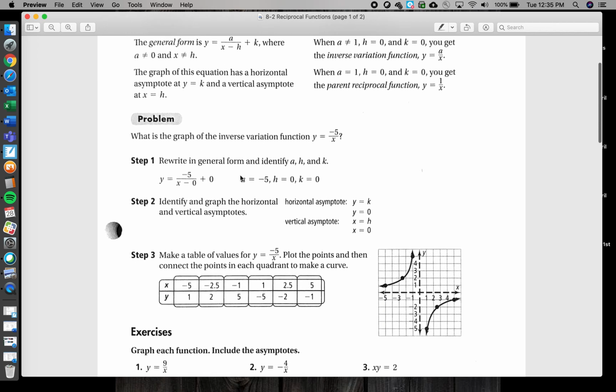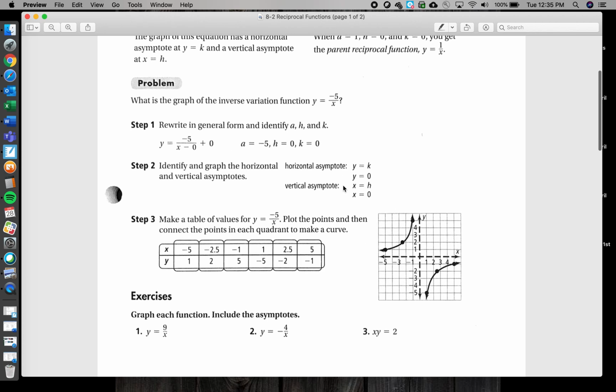So if we take a look at the first problem here, when I ask the graph of y equals negative 5 over x, basically they said let's take a look at an a, h, and k form. So a is negative 5, h is 0, there is no horizontal shift, and k is 0, so there is no vertical shift. So if you take a look, the first thing you always want to do is identify your asymptotes, the vertical and the horizontal one.